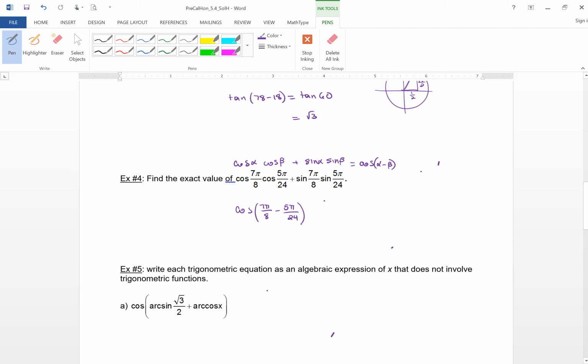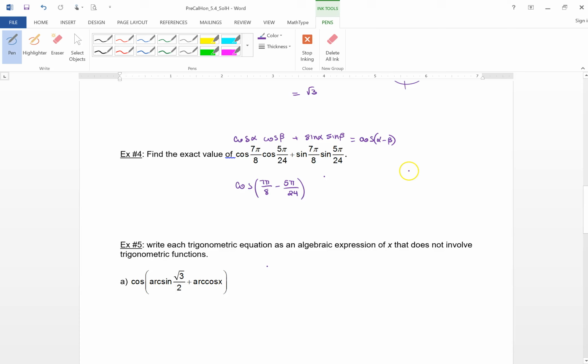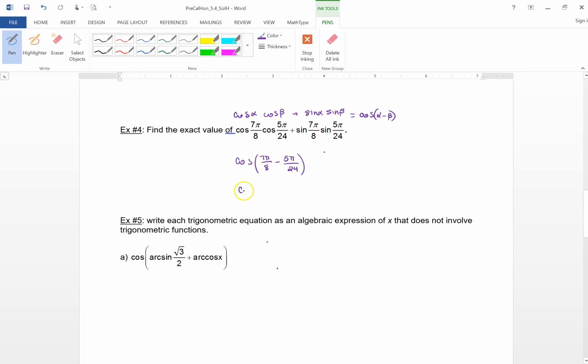Now we have to simplify this one. Cosine, what's that going to be? You have 21 pi over 24 minus 5, so it's how much? 16 pi over 24, which is how much? You reduce it.